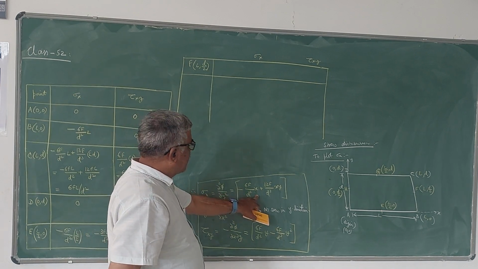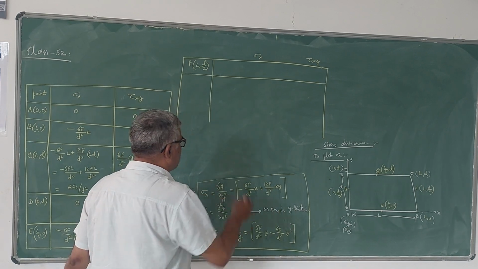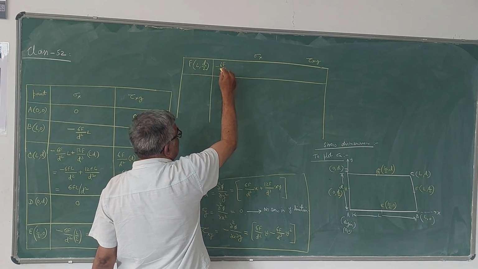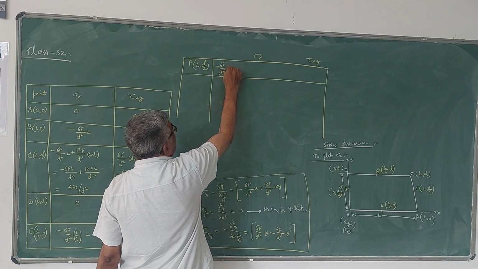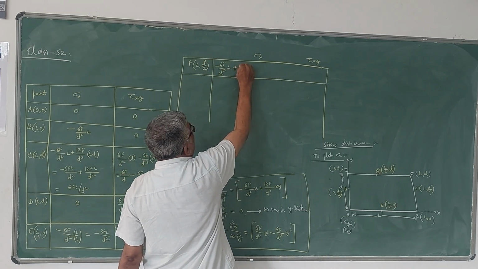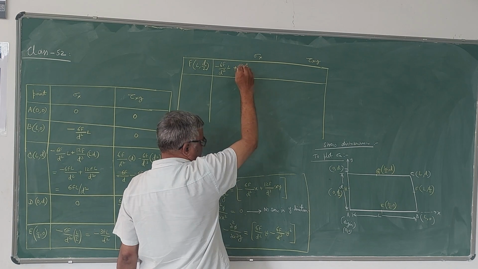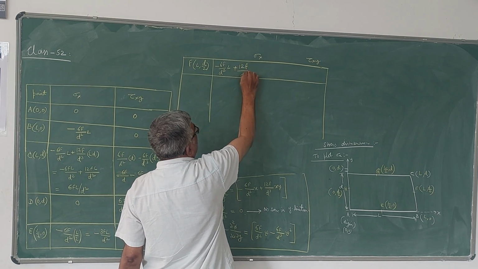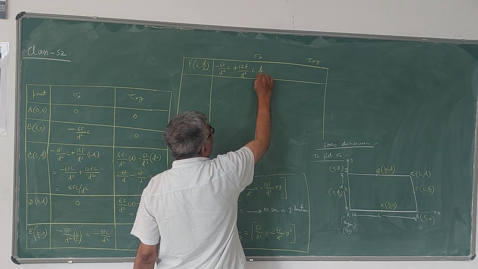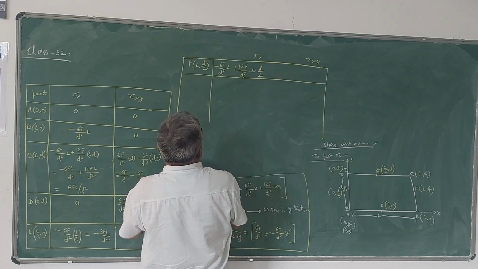X you have to put L, y you have to put d by 2. So minus 6f by d square into L plus 12f by d cube into L into d by 2. That is what we will get.